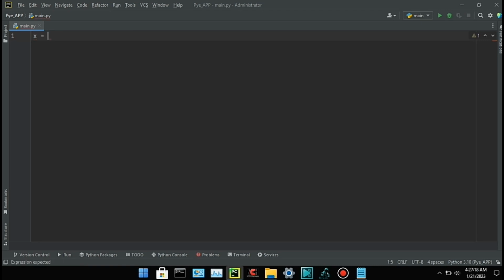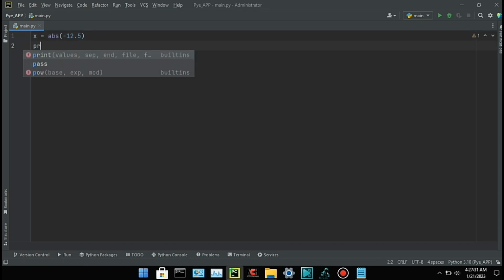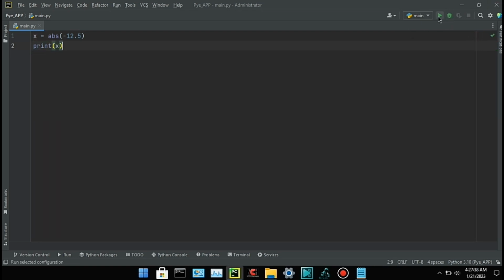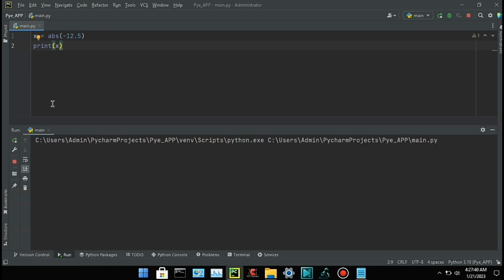I'm going to say x should be equal to abs, and then in parentheses minus 12.5. Remember that the absolute value is used to get the non-negative value of that number. We print out x, and when we run this code, you see that the value of minus 12.5 will be printed as 12.5.